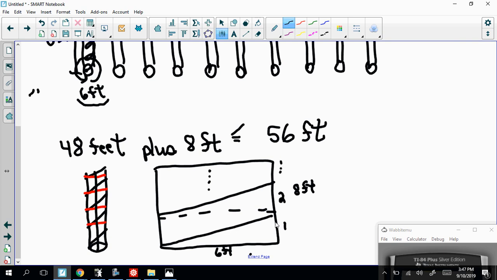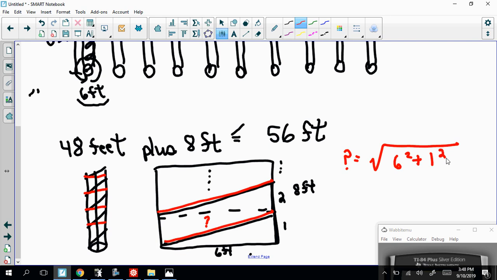So these are going to be 1 foot high. So right here is actually the length of the ribbon. So we got to find this mystery length. And the question mark length is the square root of 6 squared plus 1 squared. It's the square root of 37.